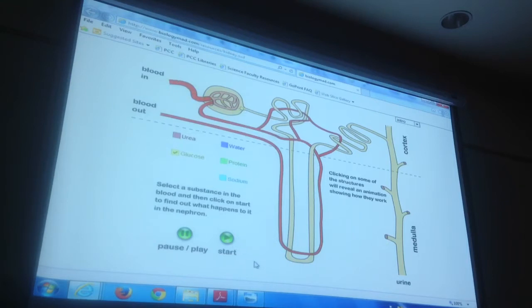Now I'm in the nephron. Ooh, let's do that again. Bioporn. Let's watch that again. Let's watch the glucose. You watch right here. Bingo.